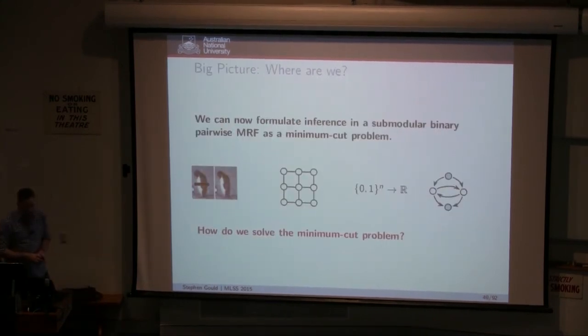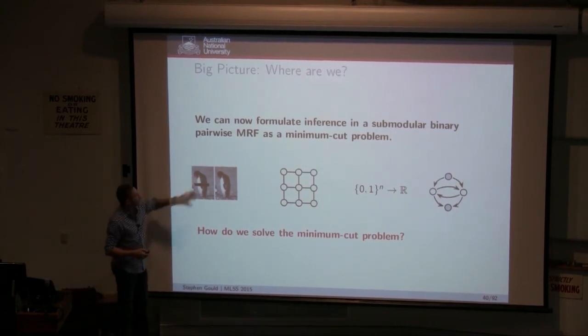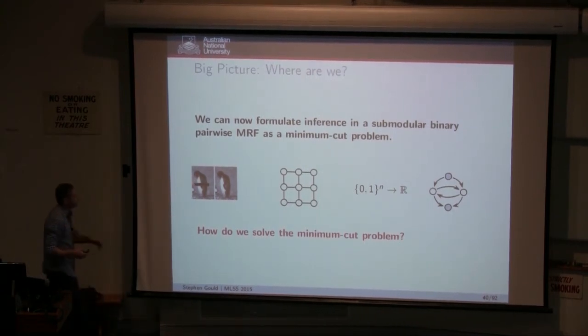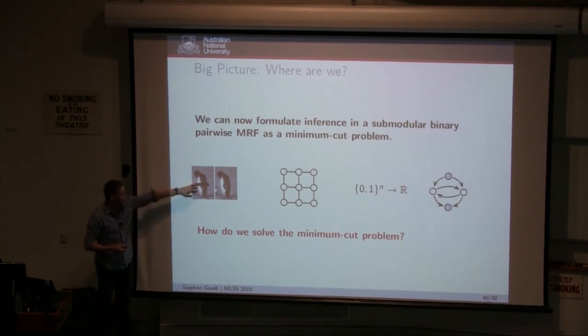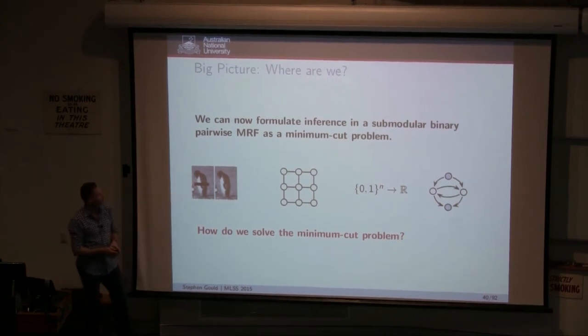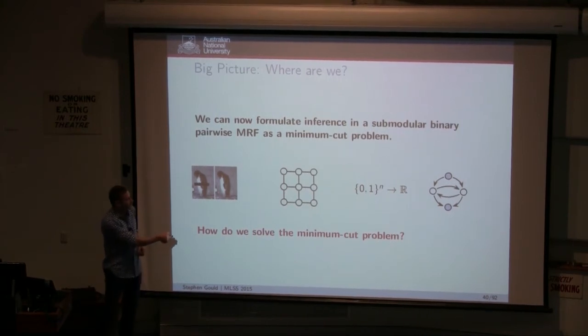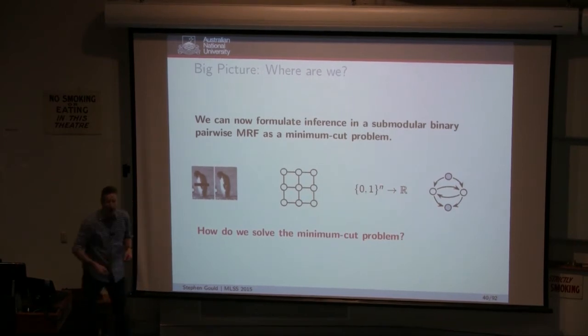Okay, so let's jump up to the big picture and see where we are. We have a problem in computer vision. In this case, say it's an image inpainting problem, which we formulate as a Markov random field. This Markov random field we're going to write out as a posiform, and that requires the variables to be binary. Let's just assume they're binary in this case.